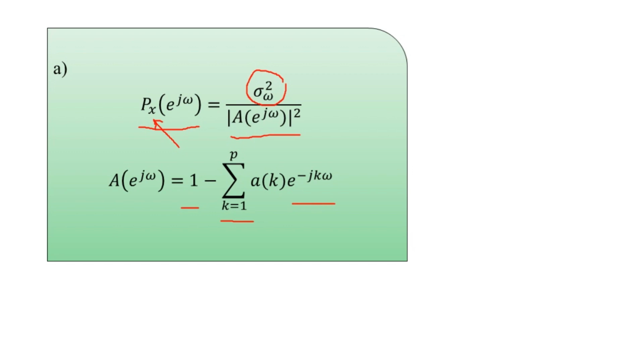So the first equation, where the substitution can be made from the second one, gives the answer to part A. We were asked to find the power spectrum of x of n, and here is the outlined expression for the power spectrum of the random process x of n as per the given problem statement. Now we shall move further to determine the solution to part B.